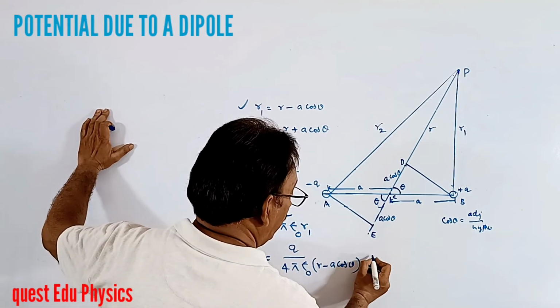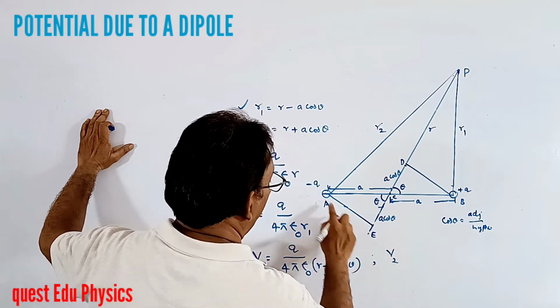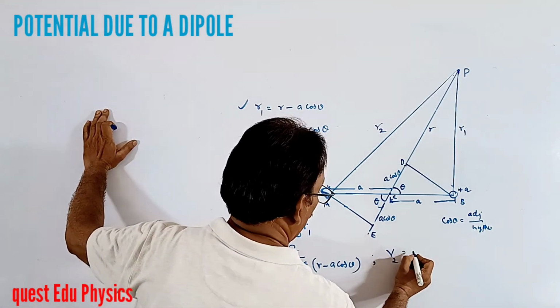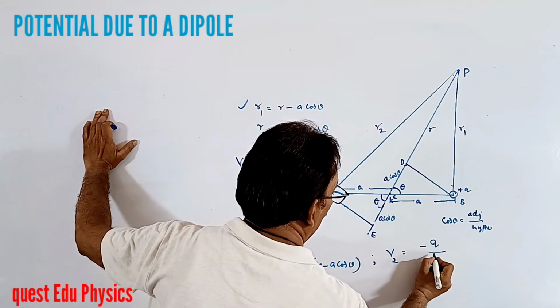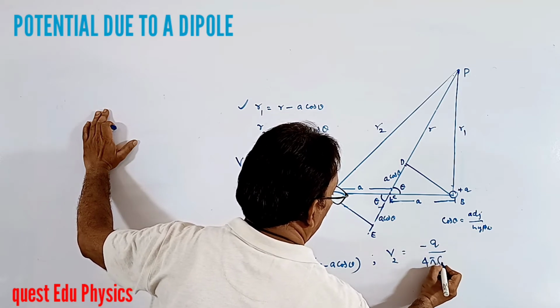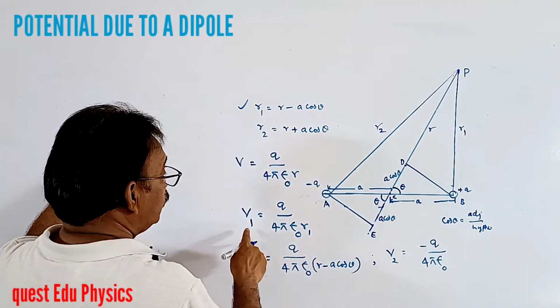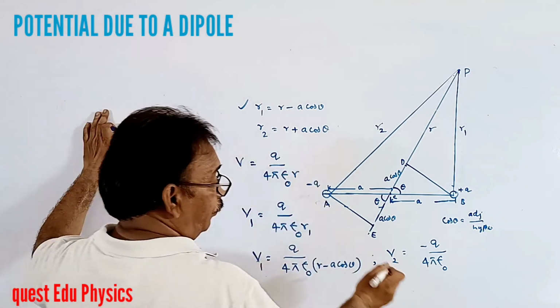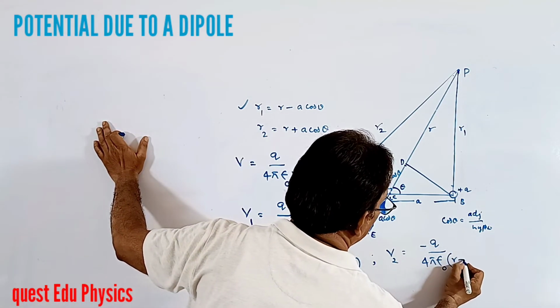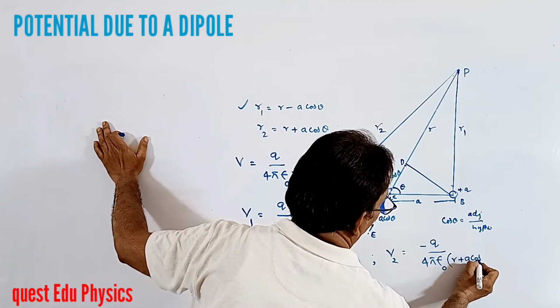Similarly, we have to write the potential due to the negative charge, that is minus Q by 4 pi epsilon naught. In the place of R, we have to put R2, that is R plus A cos theta.